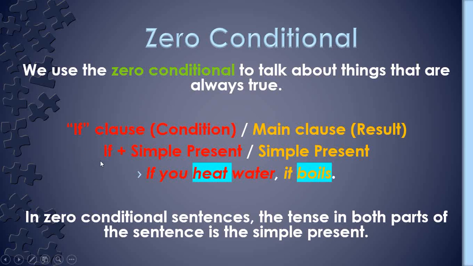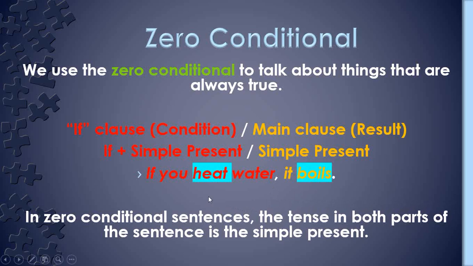We can see that the verbs in these clauses, for example, in the if clause, should be in simple present, and in the same way in the main clause. All of the verbs should be in simple present.